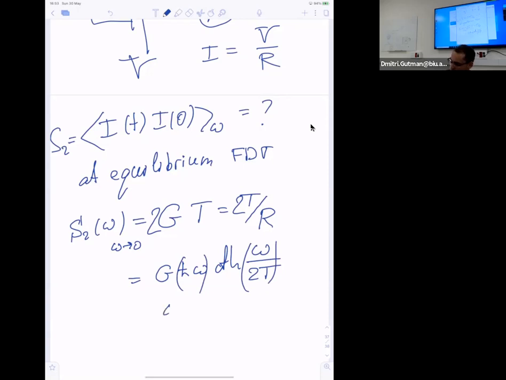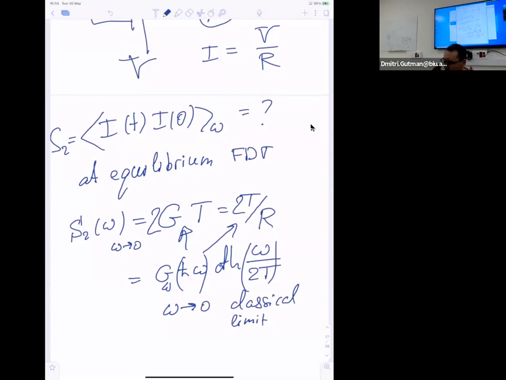And if omega goes to 0, we are going to the classical limit, and this becomes 2 temperature times the conductance. In principle, conductance can also be frequency dependent. That's the entire thing.